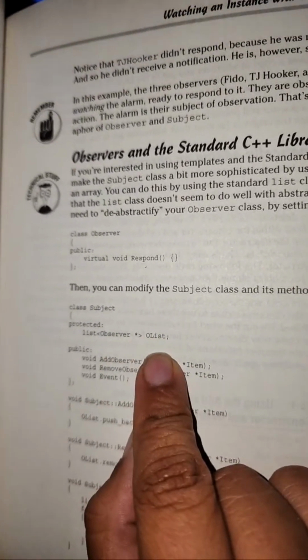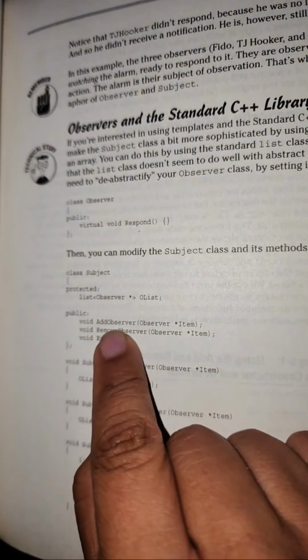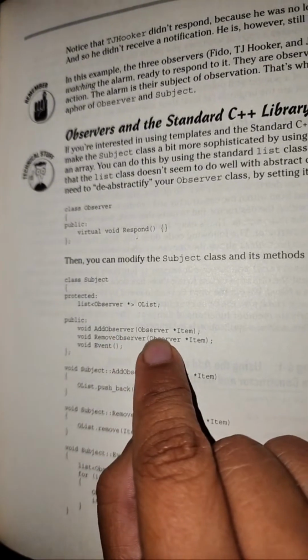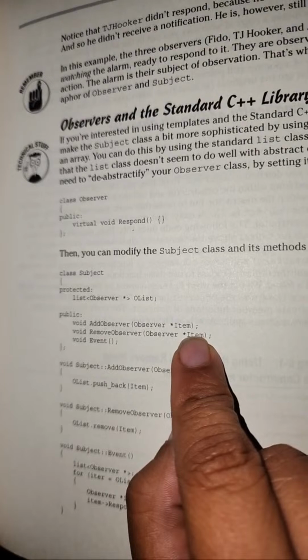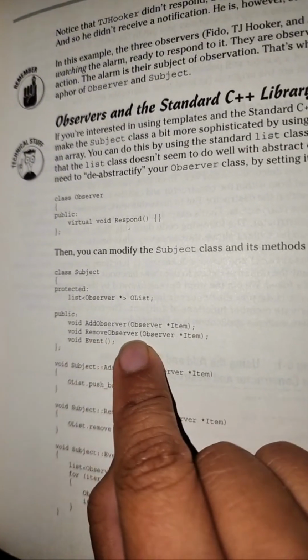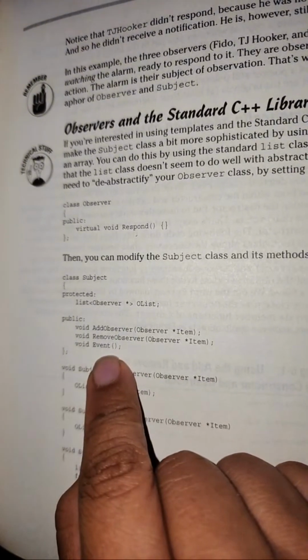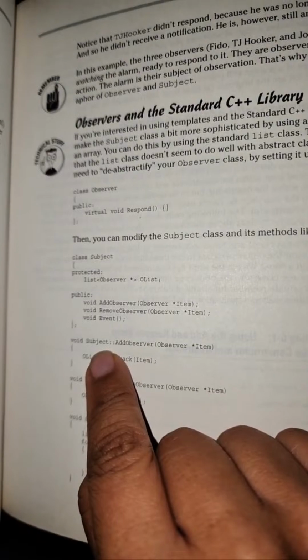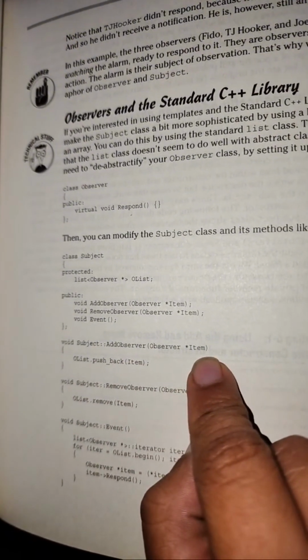Then you got your O list. Then you say public void AddObserver, then you got your Observer star item. Then you've got your void RemoveObserver, Observer star item, void Event.